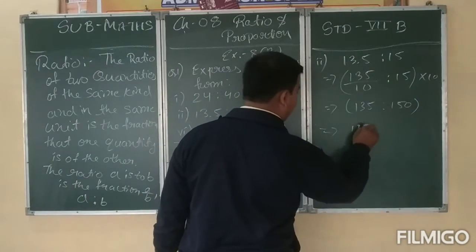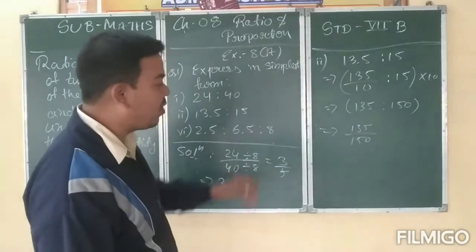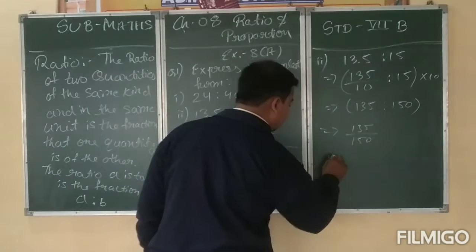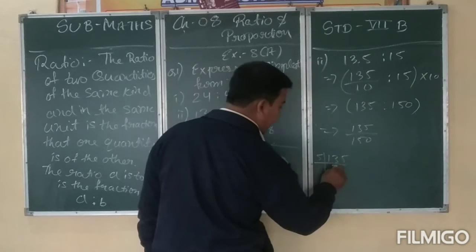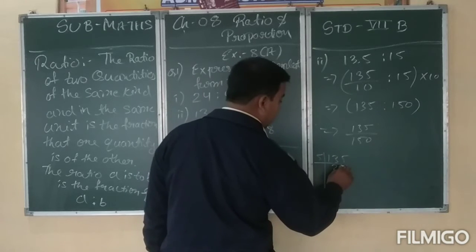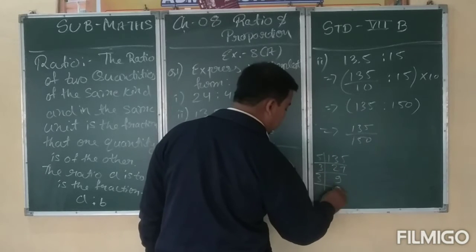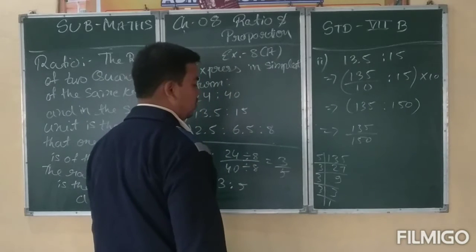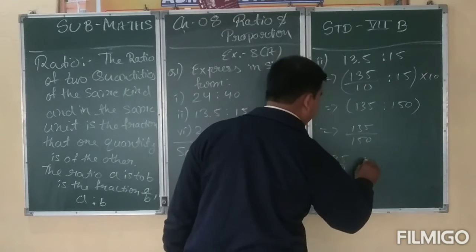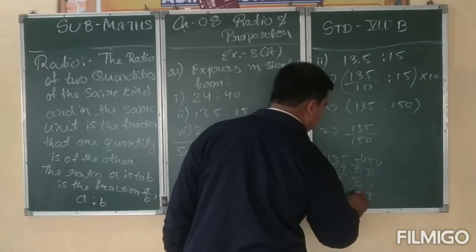Then 135 by 150. Now we find the HCF of 135 and 150. 135 divided by 5 is 27, 3 nines are 27, 3 ones are 3. Then 150, again 5, 5 threes are 15, 5 sixes are 30, 2 threes are 6, 3 ones are 3.